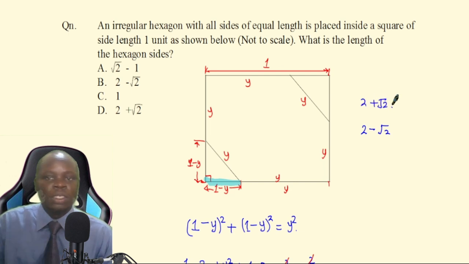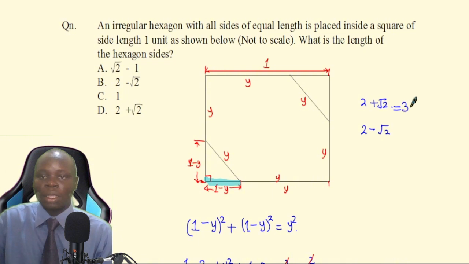Which of these two answers do you think is going to be correct if you simplify from your calculator? So I think let's move into a calculator and see that 2 plus root 2 will give us something in decimal as 3.4. Then the next one is also do that by subtraction.